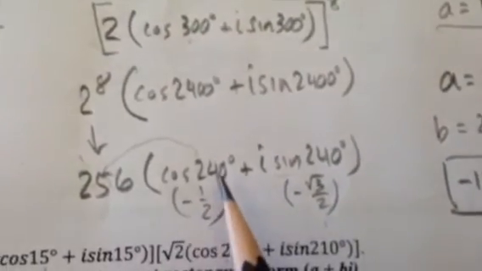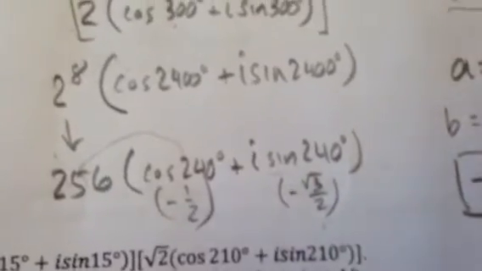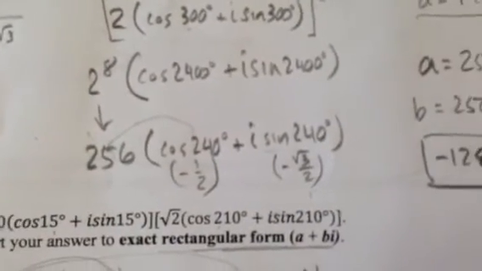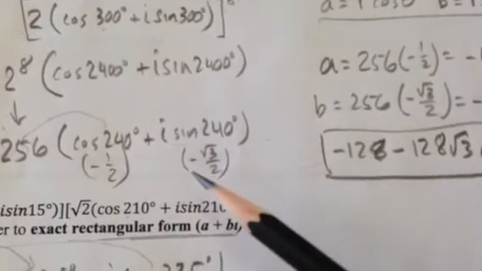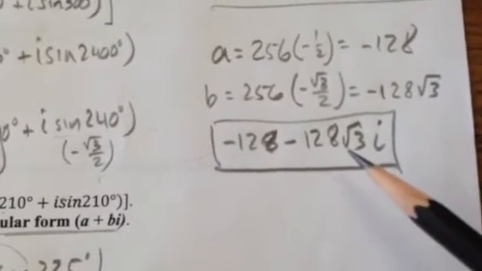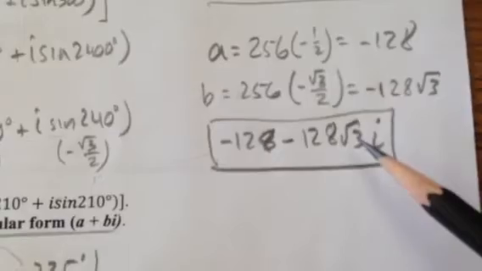So the cosine of 240 is negative 1/2, and the sine of 240 is negative root 3 over 2. All right? So all I have to do is multiply 256 times those values. And 256 times negative 1/2 is negative 128, and 256 times this is negative 128 root 3. So there's my a plus bi form of that number.